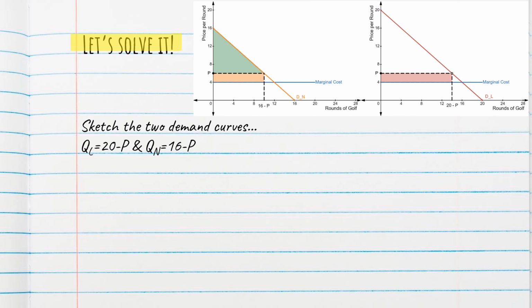So there's our graph. I also said we needed a basic understanding of the optimal two-part tariff. So I want you to remember that the optimal per unit price, or in this case, per round price, is going to be something above marginal cost. If this was a single type, if we just had locals or non-locals, then the optimal price is marginal cost. But once you have two types, the optimal price becomes something above marginal cost.